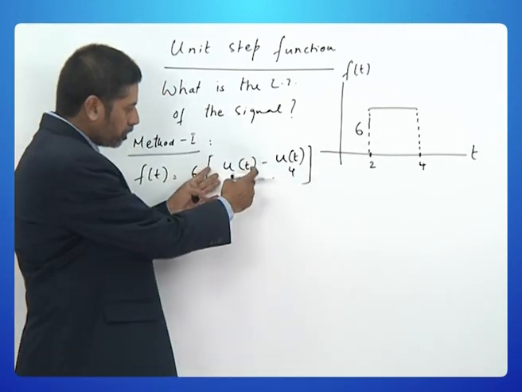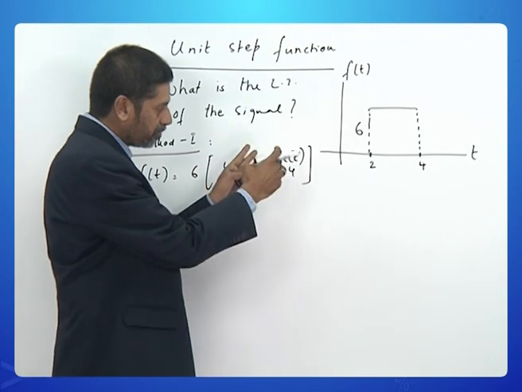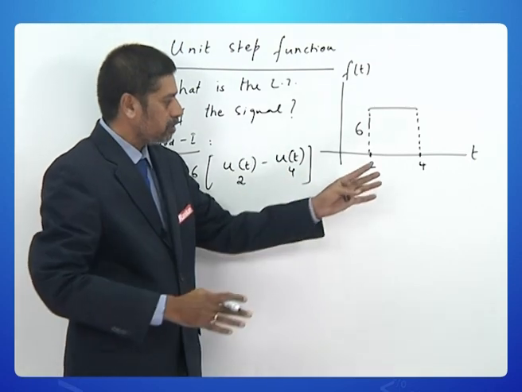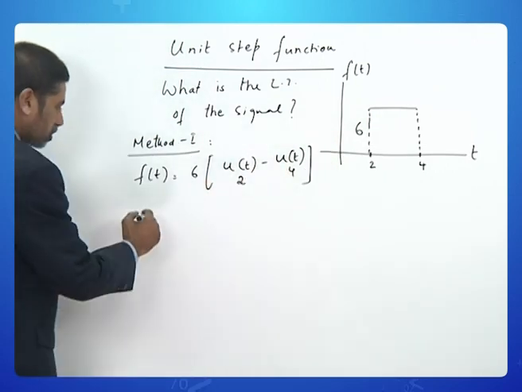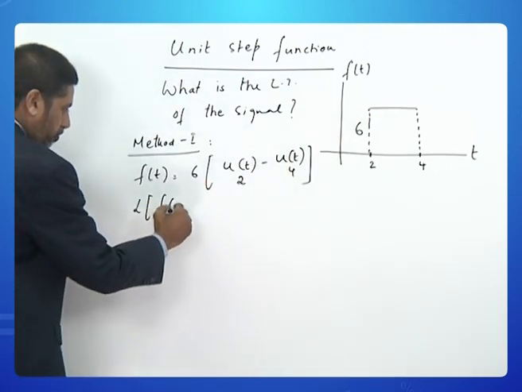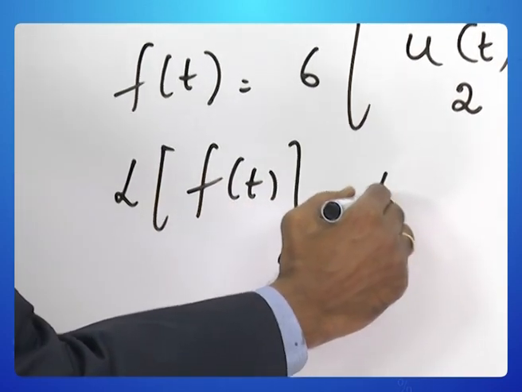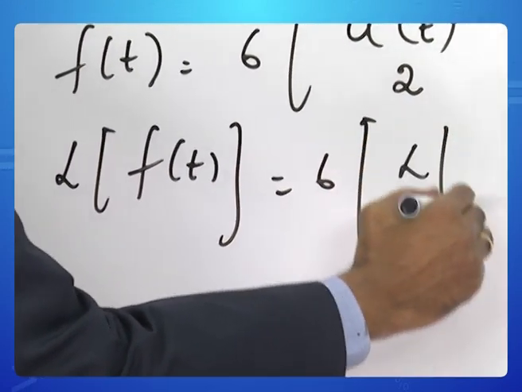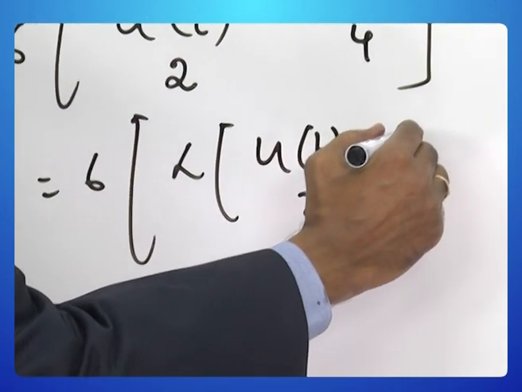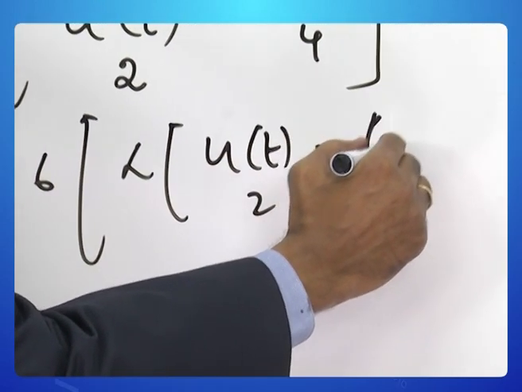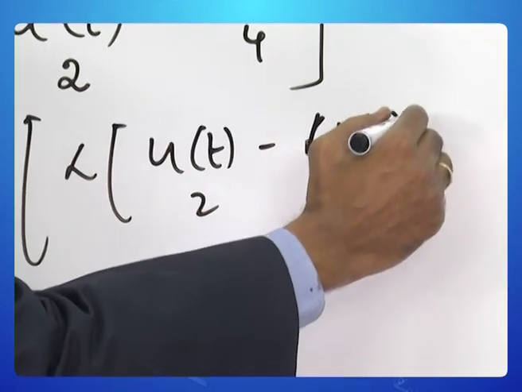From the u2(t) signal, if you subtract a u4(t) signal, you will be left with the 2 to 4 band with amplitude 6 units. So the Laplace transform of this function will be 6 times the Laplace transform of u2(t) minus u4(t).